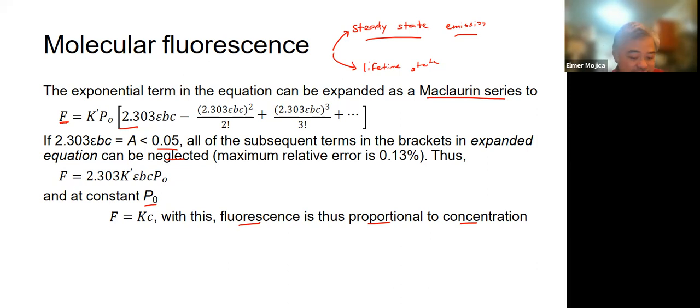But there is also a limit, just like Beer's law. What is the limit of Beer's law, if you remember? What's the limit of Beer's law? Or the Beer-Lambert law? How do you recall the limit? So what is the limit? High concentration.